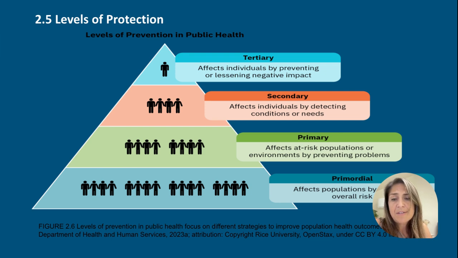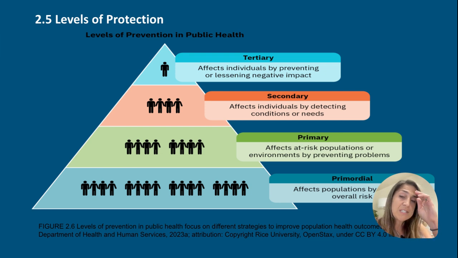So we have on the very bottom primordial, and this affects populations by reducing the overall risk. Primary affects risk populations or environments by preventing problems. Secondary affects individuals by detecting conditions or needs, and tertiary affects individuals by preventing or lessening the negative impact.